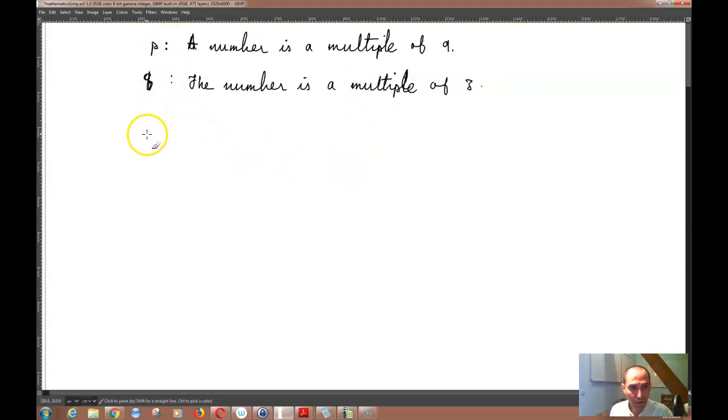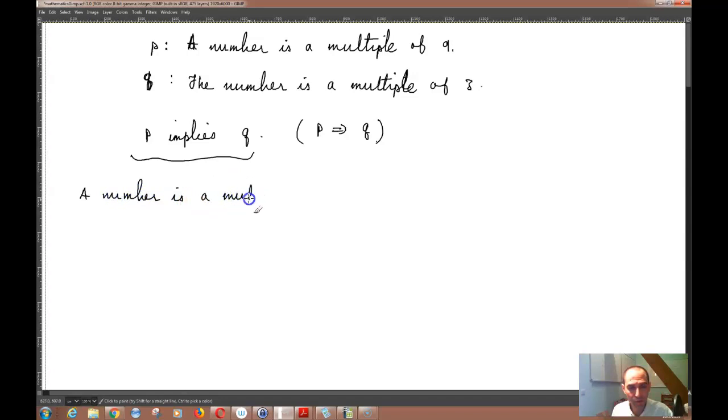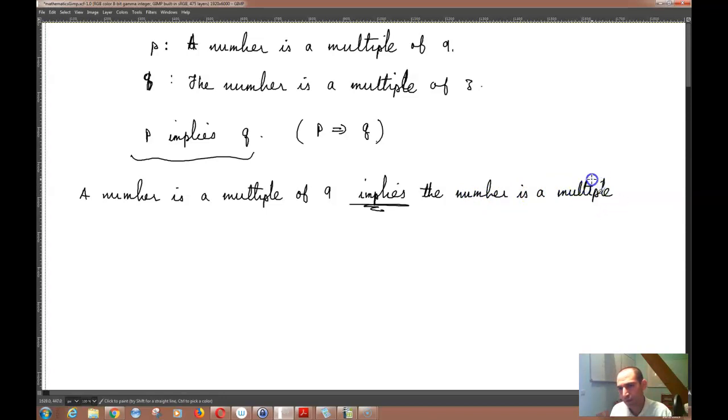Now if I write P implies Q, what that means is that P, a number is a multiple of 9, implies Q, the number is a multiple of 3.